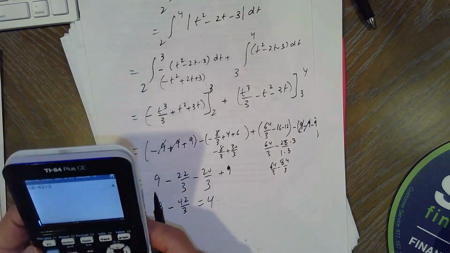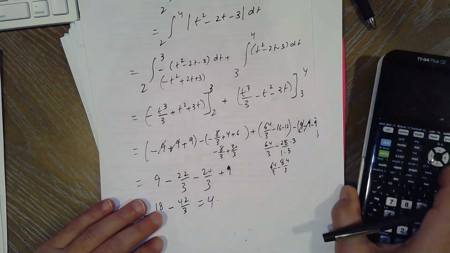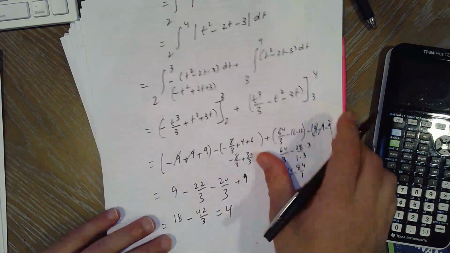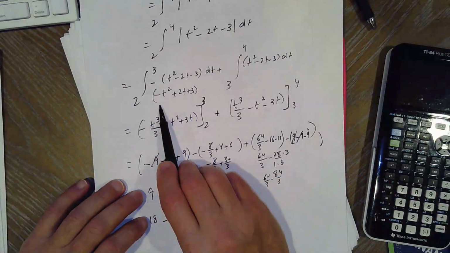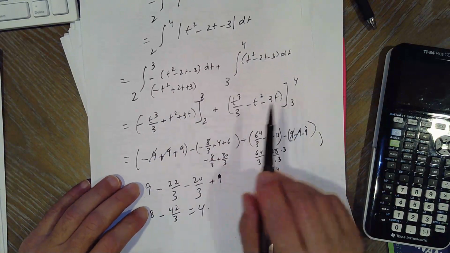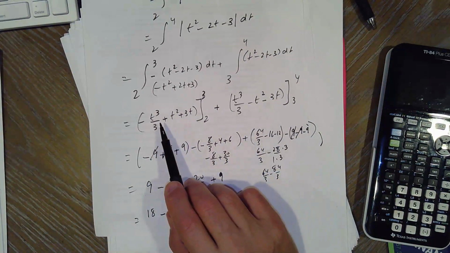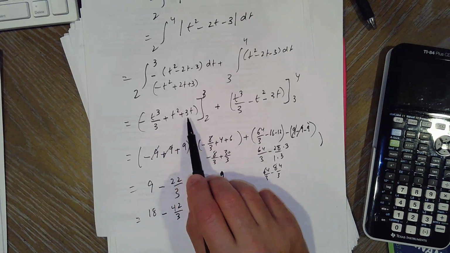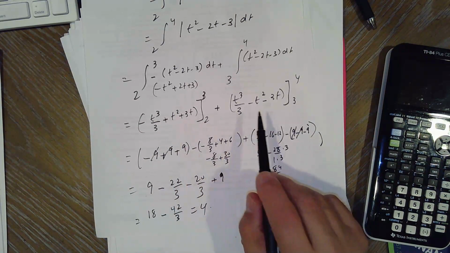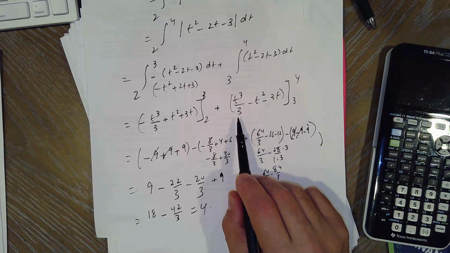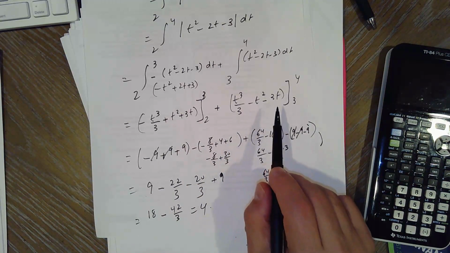I probably made a calculation error. Let's see if we can find it. So this would be negative t squared plus 2t plus 3, so that's negative t cubed over 3 plus t squared plus 3t, and that's t cubed over 3 minus t squared minus 3t.